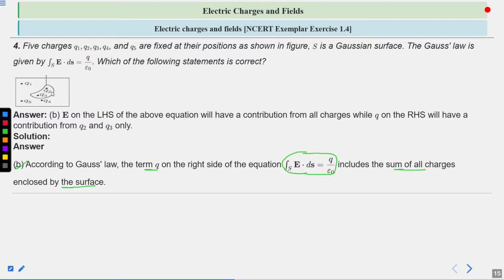One question for you. Suppose there is one more charge and we consider Q6. In that case, what will be the answer? Please answer. Or we can say, in that case, what will be the flux from the Gauss theorem?